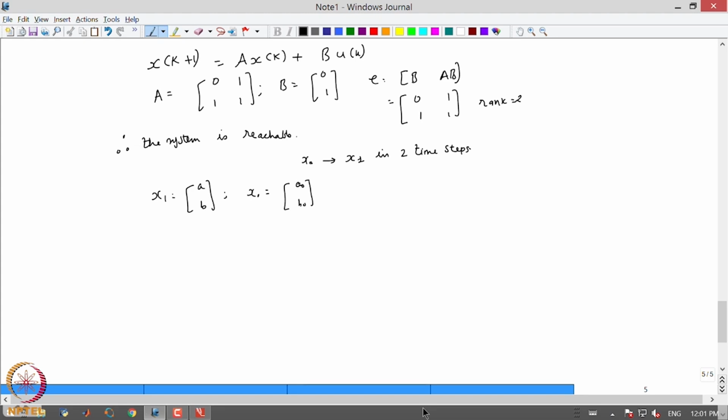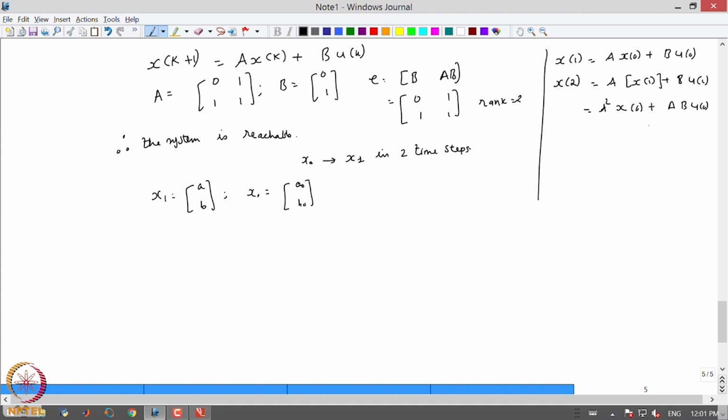So, again we just look at x of 1 is A x of 0 plus B u of 0, x of 2 is A x of 1 plus B u of 1, this is A squared x naught plus AB u naught plus B u1.